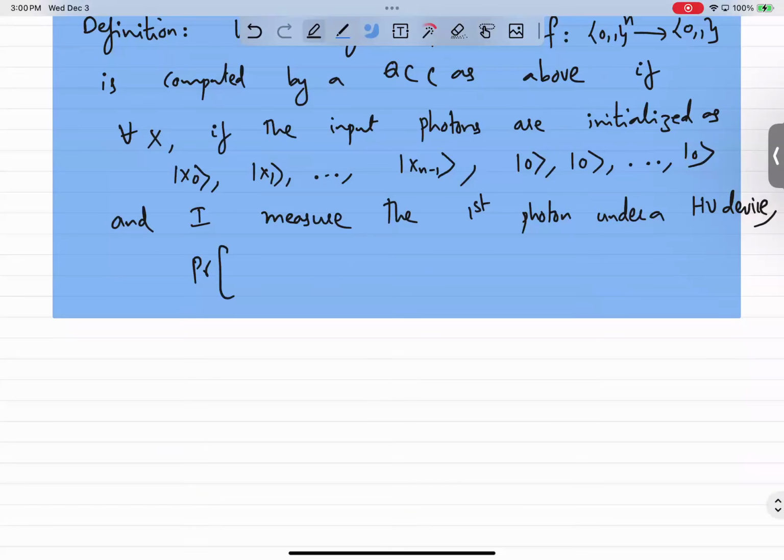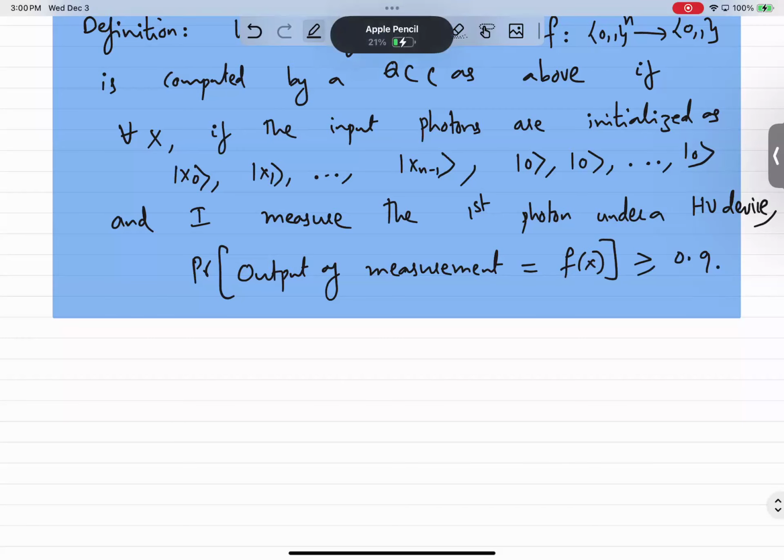The probability that the output of measurement equals f of x is at least 0.9. Okay. So this is the other anomaly from classical circuits, in that for classical circuits, once you give an input, the output is determined.